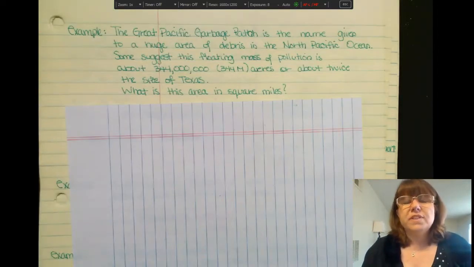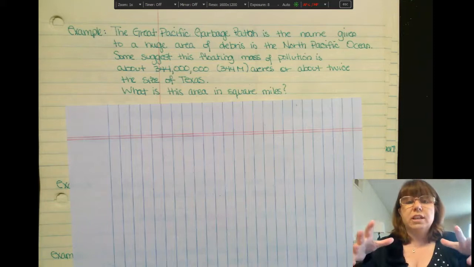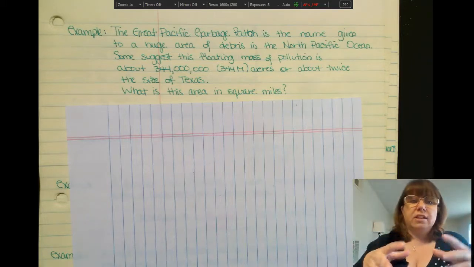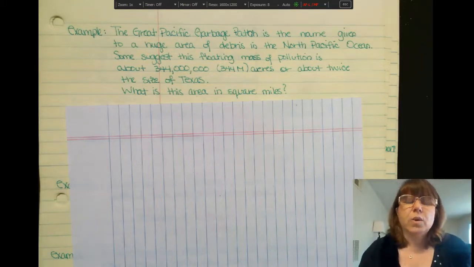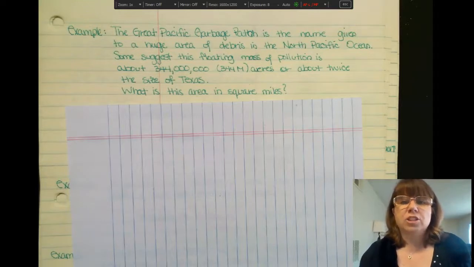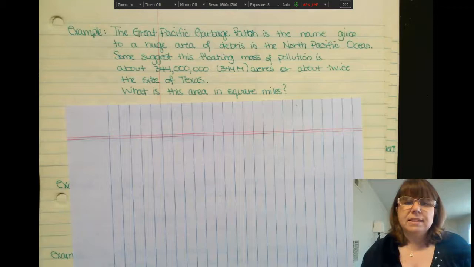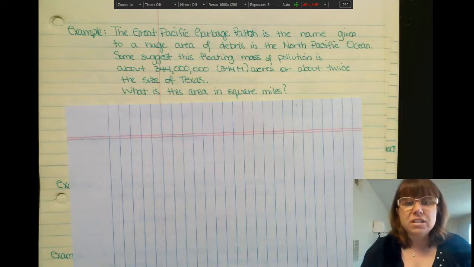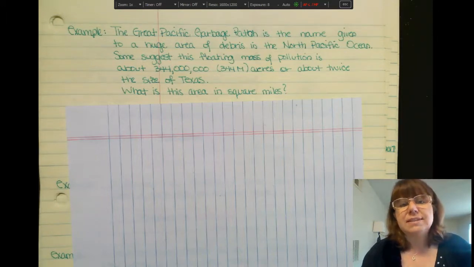In the North Pacific Ocean, the currents are such that a lot of the debris that's in the ocean seems to congregate. And this area is called the Great Pacific Garbage Patch. Now, this floating mass of pollution is about 344 million acres, or about twice the size of Texas.